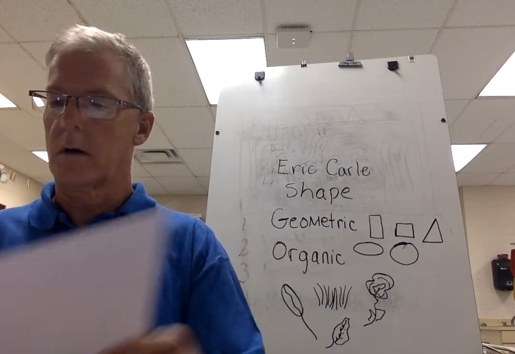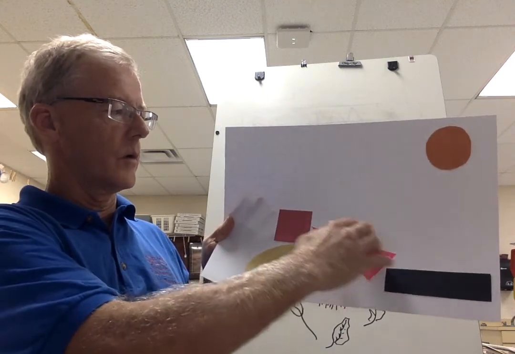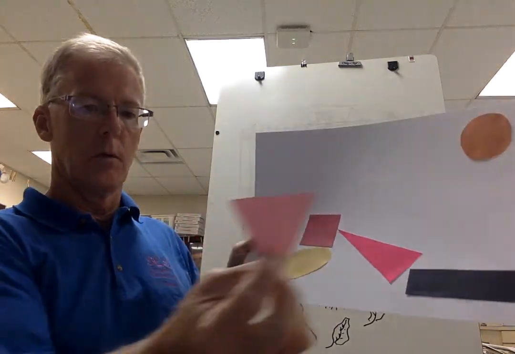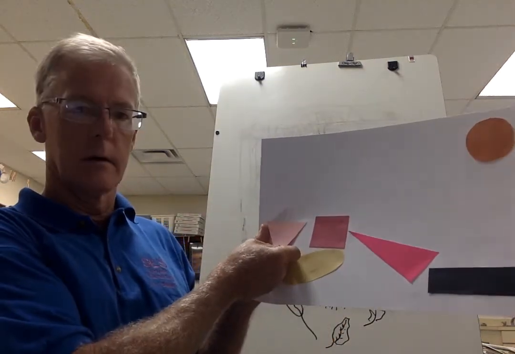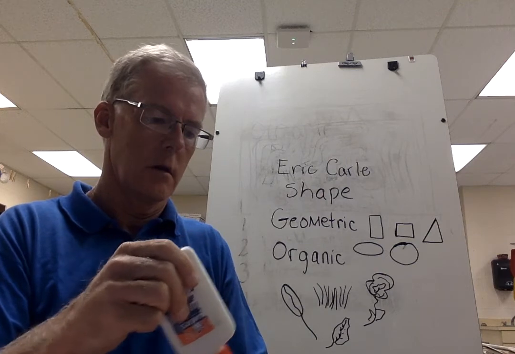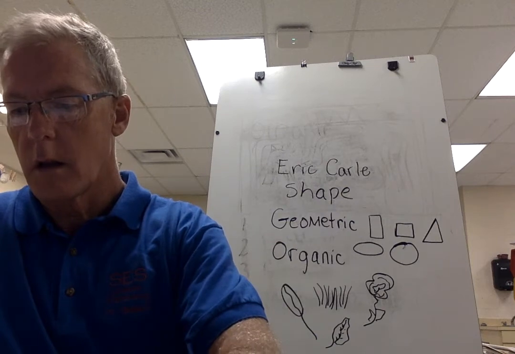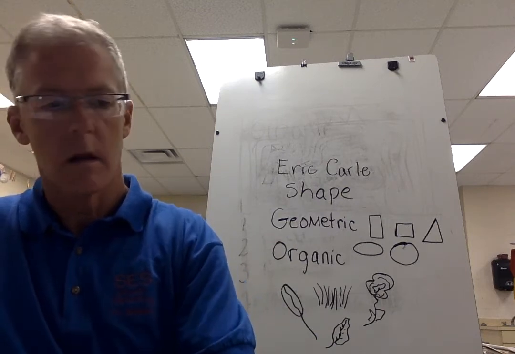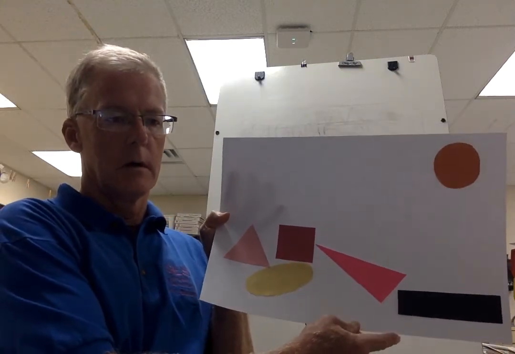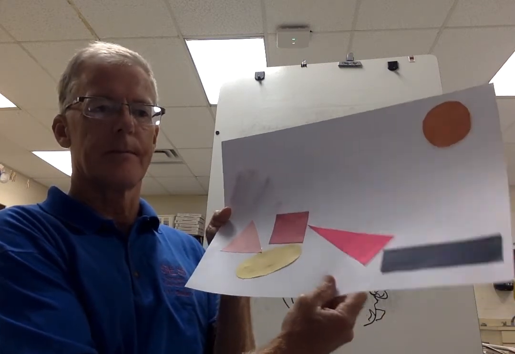I'm going to have my caterpillar going this way. I'm going to have him walking over the shapes. All right, I'm going to put one more triangle maybe over here. Okay, so geometric shapes. All right, now I want some, maybe some organic shapes.